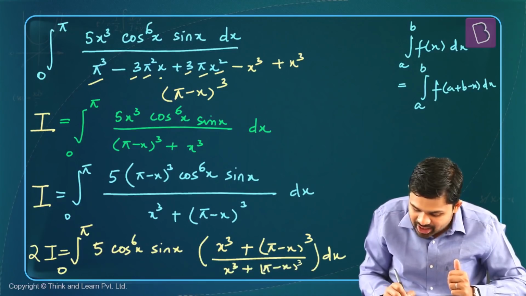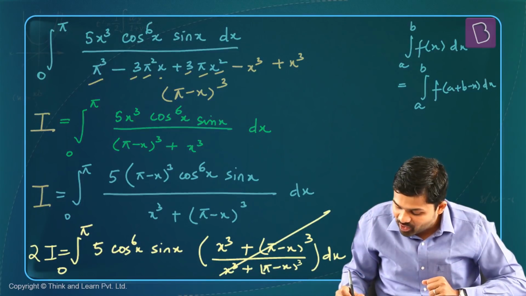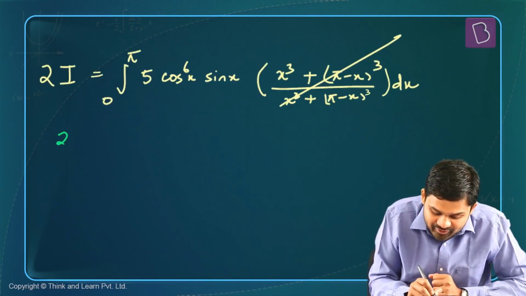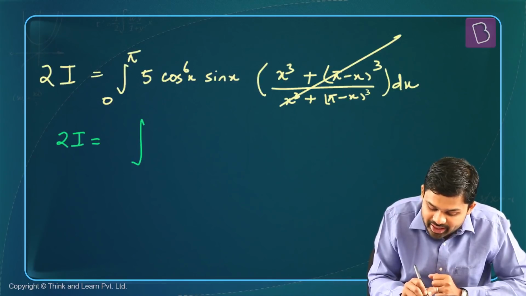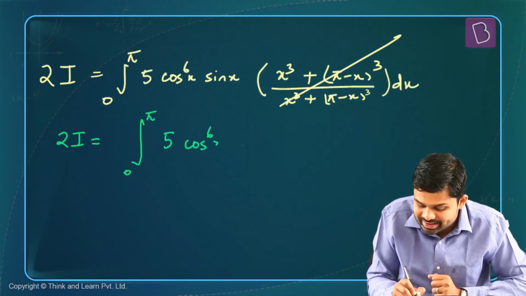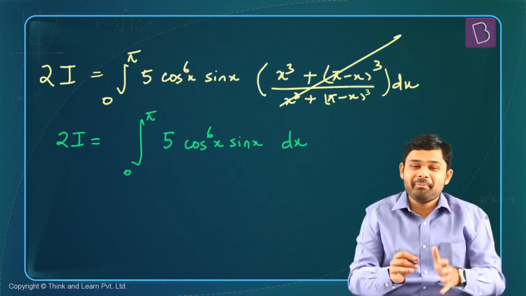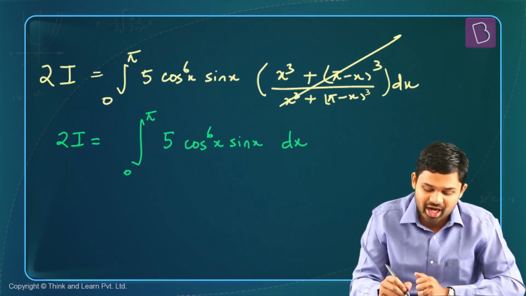So these terms are going to cancel out. And my integral now is very simple. I have 2I to be equal to integral 0 to pi 5 times cos to the power 6x into sin x dx. Very simple integration by substitution question now.